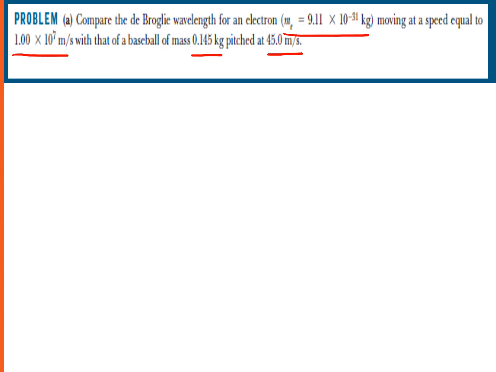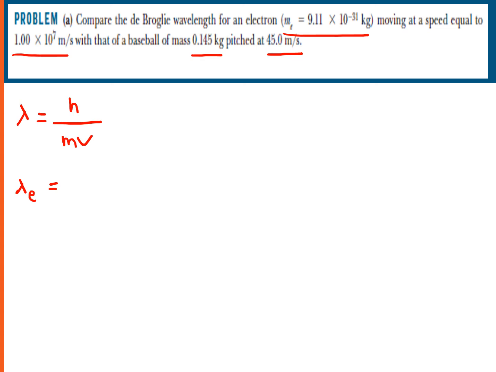So we have the equation for the de Broglie wavelength, lambda is equal to h divided by the product of the mass of the object multiplied by its velocity, or simply the momentum of the object. So solving for the wavelength of the electron, we just have to substitute our values.